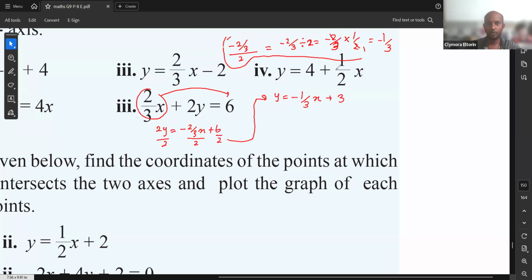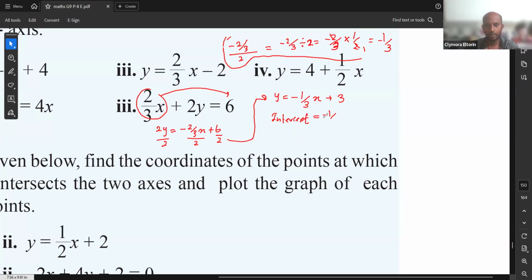So I move this part that way. What's the gradient now? What's the intercept now? The intercept equals minus 1 upon 3. Oh, sorry, that's wrong.